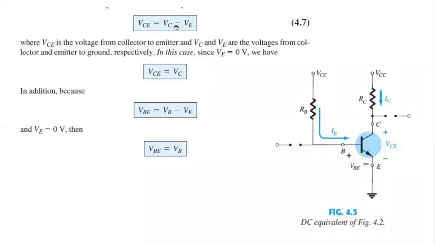In the next, it is also written here. You see that as VE is 0, the VCE equals VC.